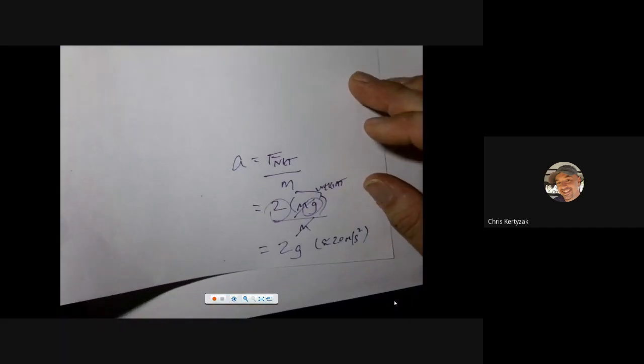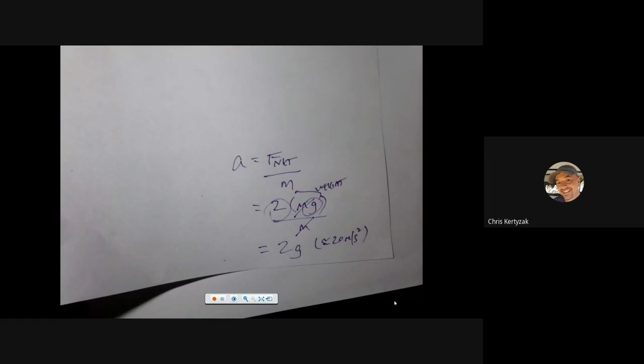So on Earth, again, if I weigh 200 pounds, so if you pushed on me sideways so that there was a net force of 400 pounds on me, I'd accelerate at that rate. After 1 second, my speed would be 20 meters per second. After 2 seconds, it would be 40 meters per second.